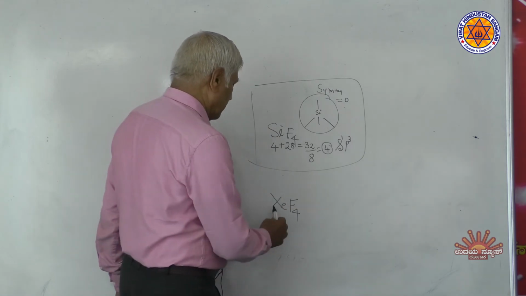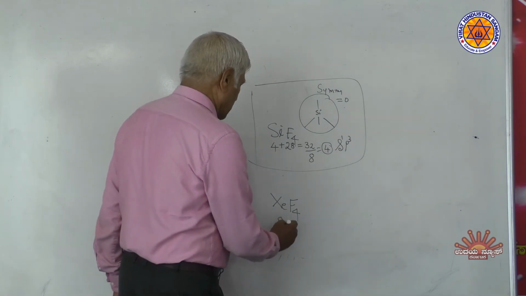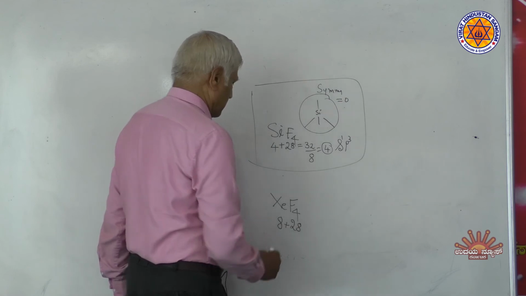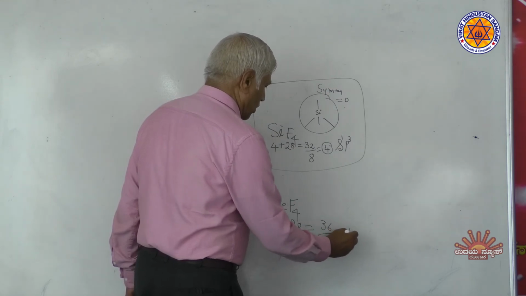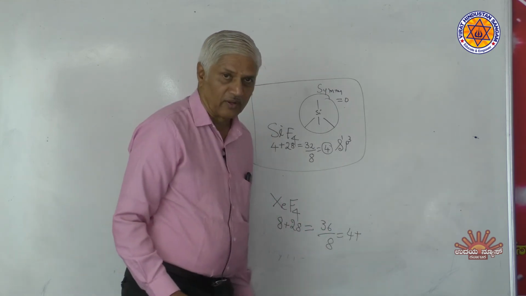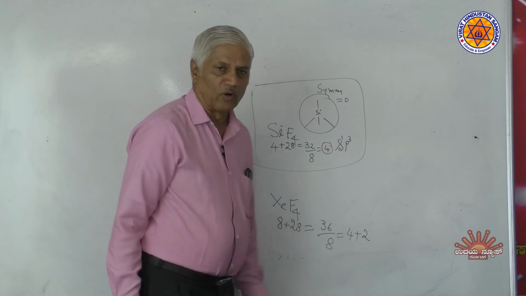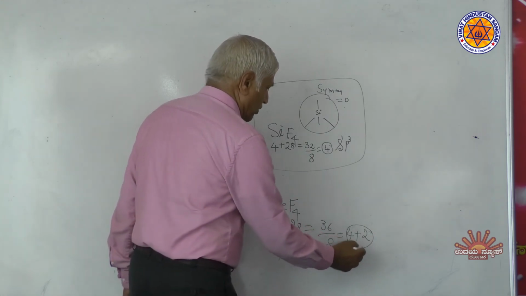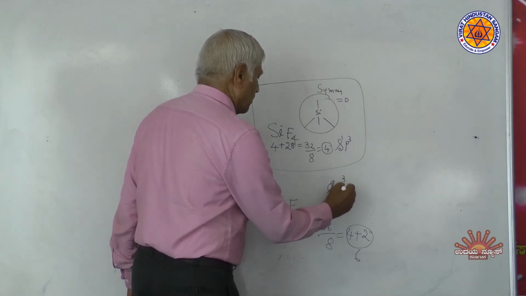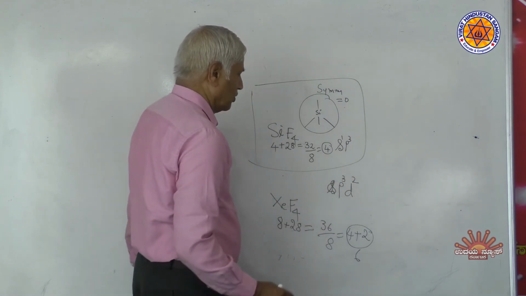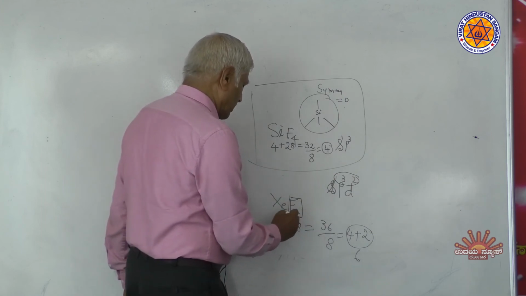XeF4, 8. I told you that all noble gases have 8 electrons. 7 into 4 is 28. Makes it 36. Divided by 8, the quotient is 4. The remainder is 4. Whenever there is a remainder, you divide it by 2 and write the quotient. If you divide 4 by 2, you get the quotient 2. Therefore, it is 6. 6 means sp3d2 hybridization. So, 6 orbitals are formed. We require only 4.